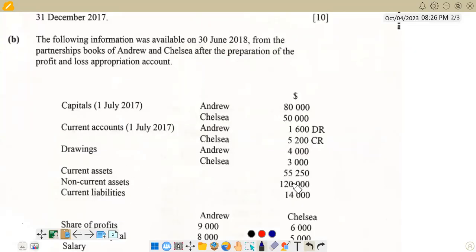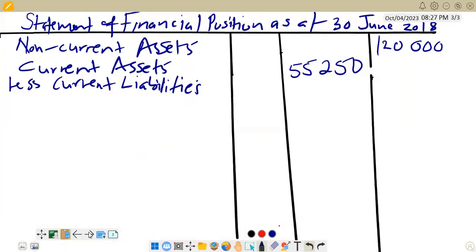For non-current assets we entered 120,000, and for current assets 55,250. So we're just going to take this 14,000 and put it there. 14,000, and this figure, we are saying less.